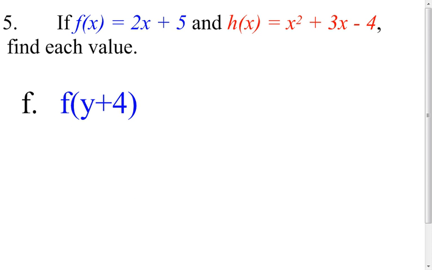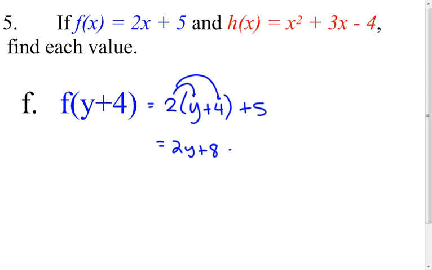All right, this is asking me to plug in y plus 4 wherever I see an x in f's equation. Okay, so when I plug it into f's equation, for x I will take 2 times y plus 4, plus 5. Simplify where you can, so that means I need to distribute this and do 2y plus 8 plus 5.